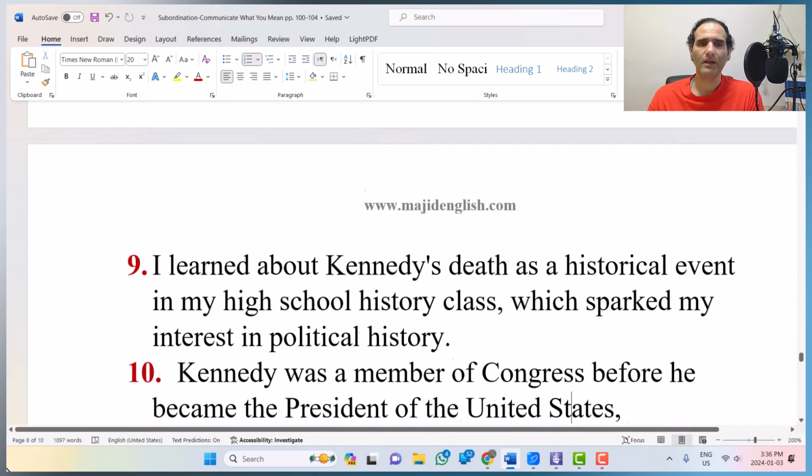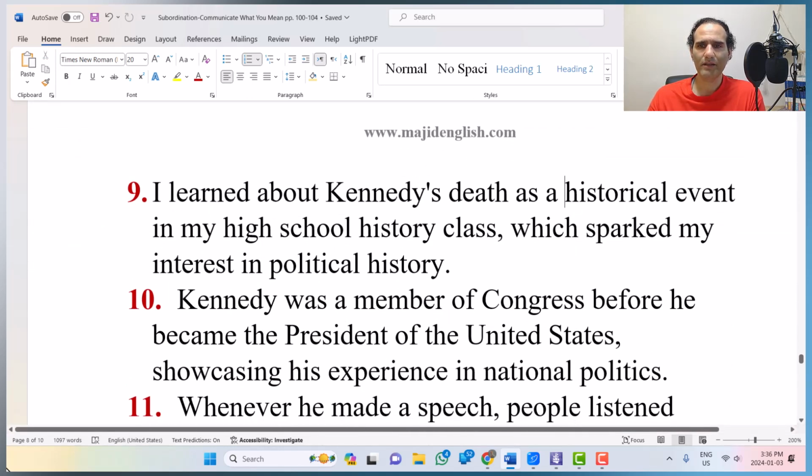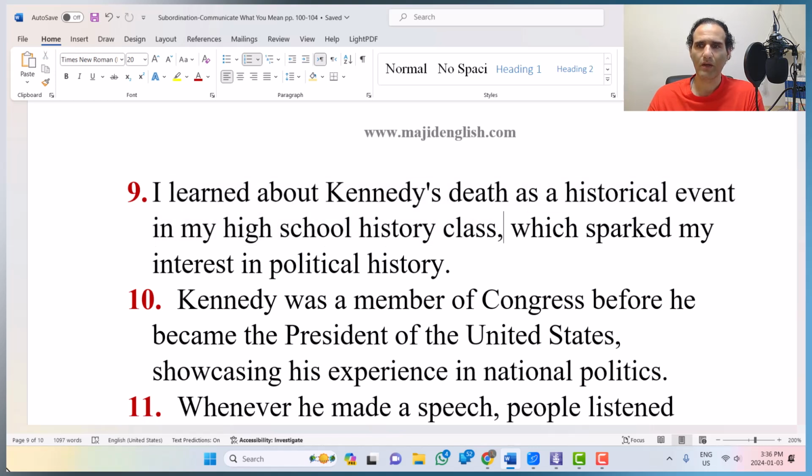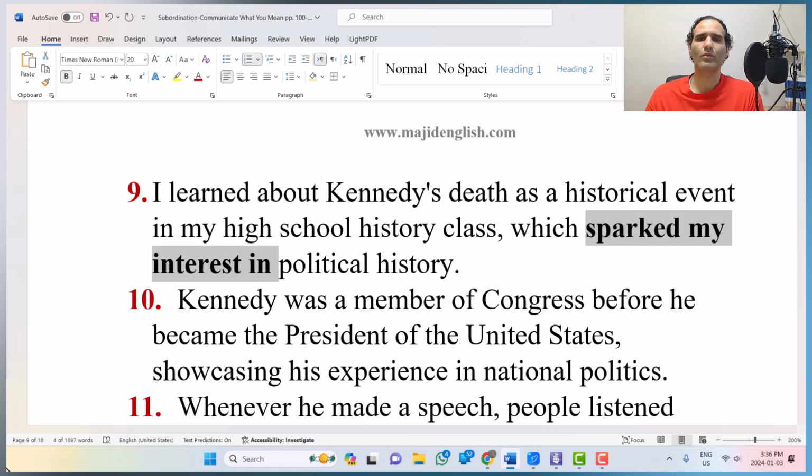Beautiful. Number 9, I learned about Kennedy's death as a historical event in my high school history class, which sparked my interest in political history. Sparked my interest in something, which ignited my enthusiasm or initiated or started.